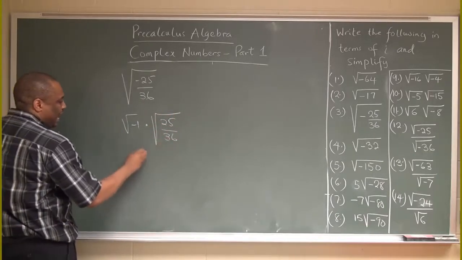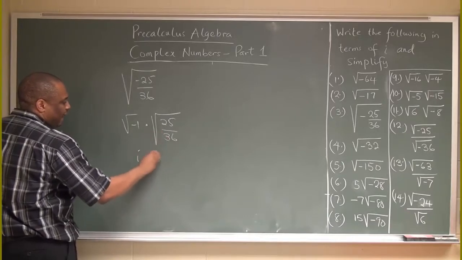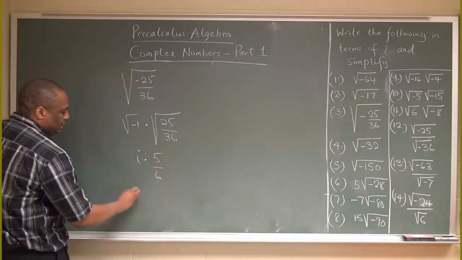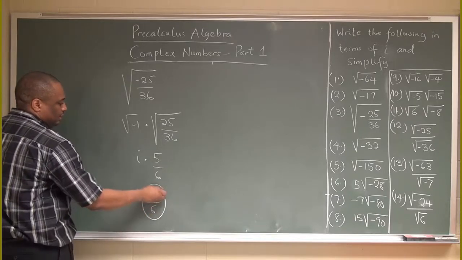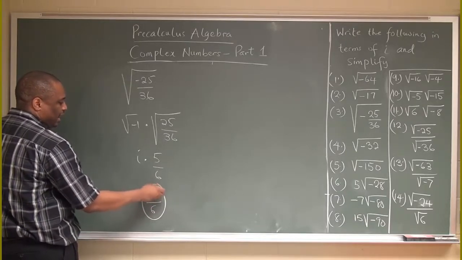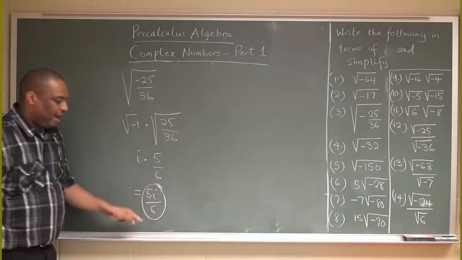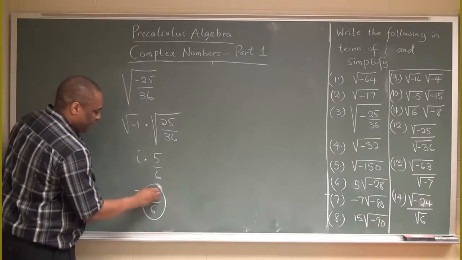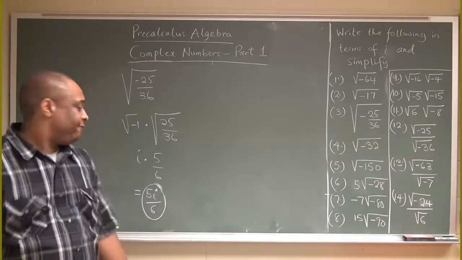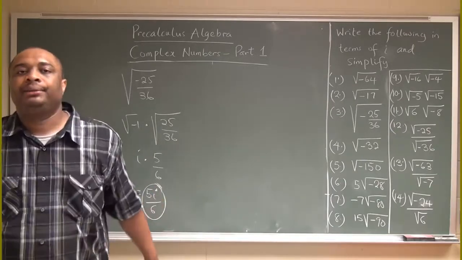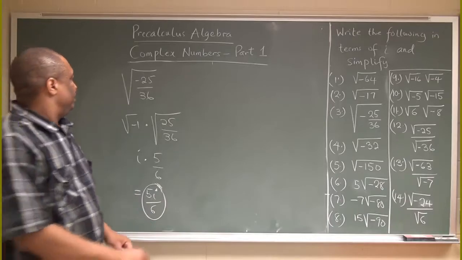So this will give us i times 5 over 6, which is 5i over 6. The same thing when you have fractions: write the fraction before the i.